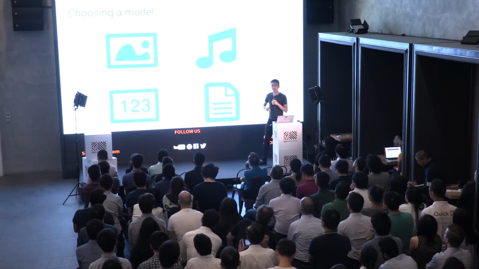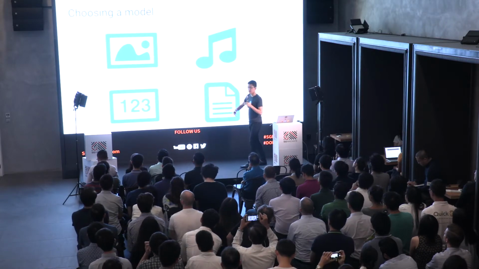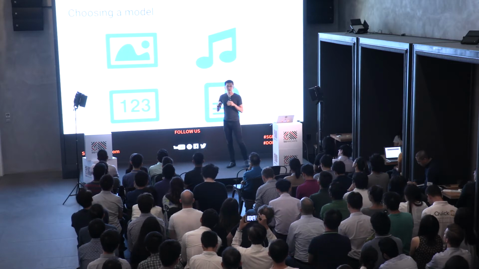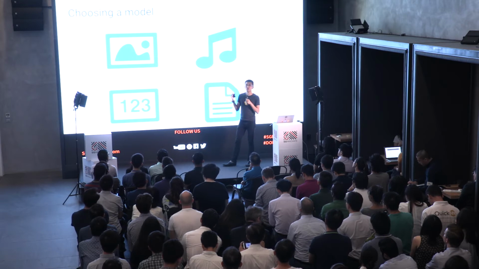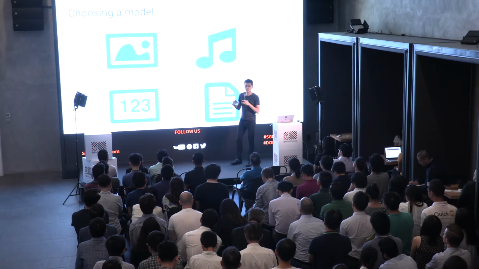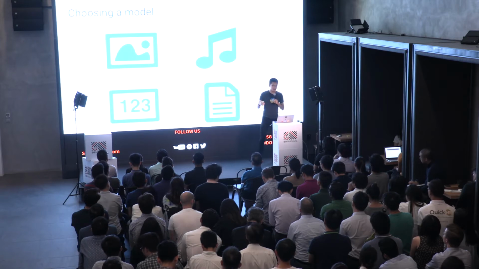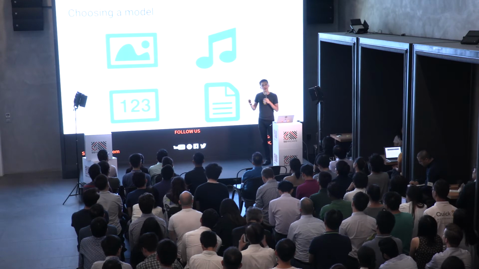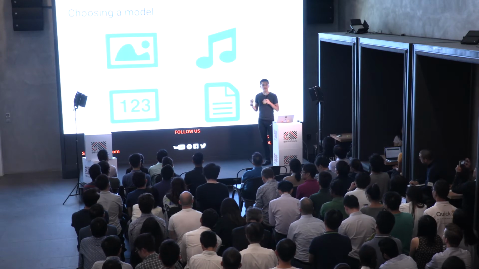So once you've gathered your data and you've prepared your data in some way, you've looked at it and massaged it into a good form, you got to choose a model. You got to choose how you want your system to think about, so to speak, the data set. The word art I have here is really getting at the point that there are a lot of models out there, and they serve different purposes.